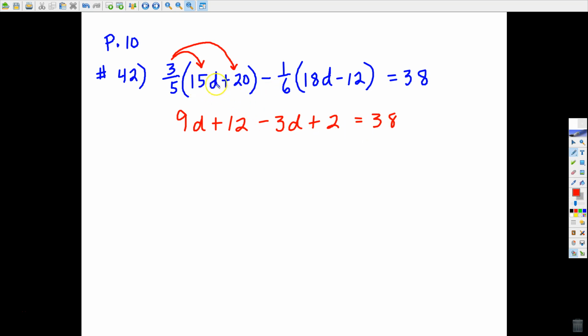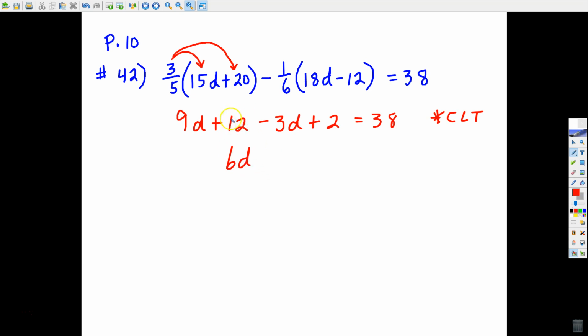So, real quickly, an important first step when you're solving for a variable, you must remove all the grouping symbols, and usually that involves the distributive property. Okay, so don't forget, remember CLT, combine like terms. I got a couple of d terms. 9 minus 3d is 6d.